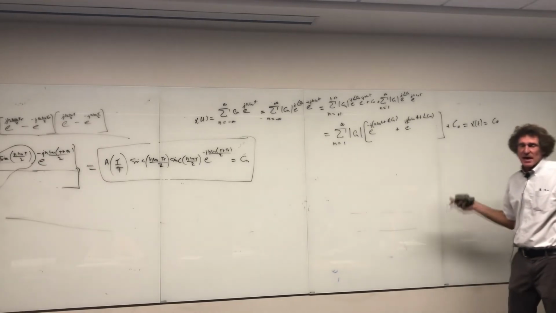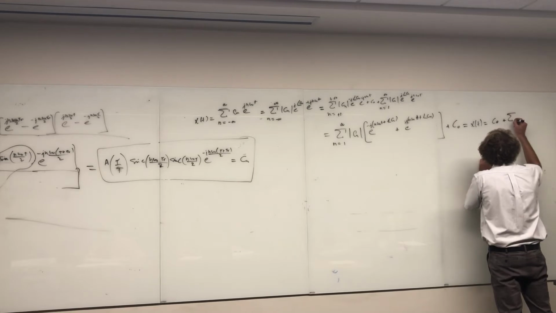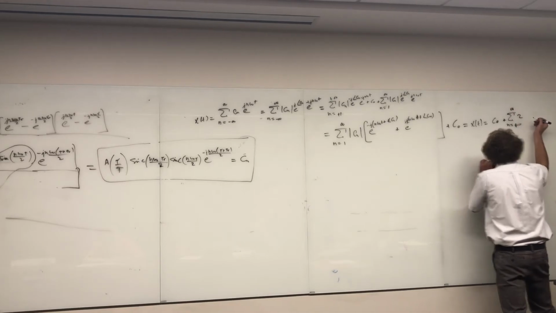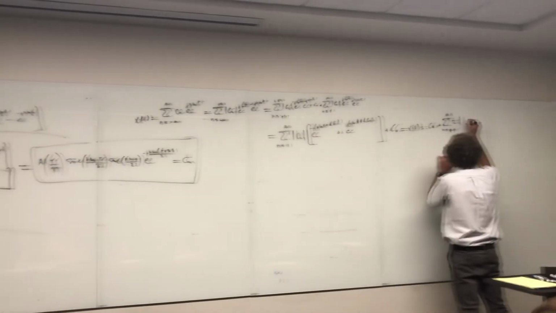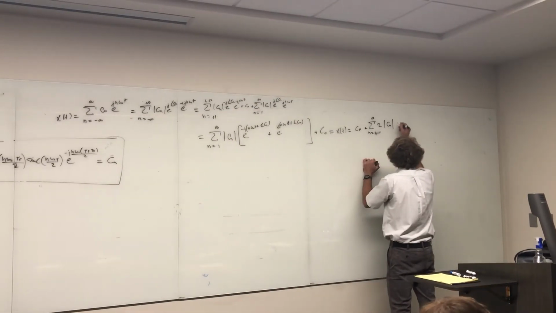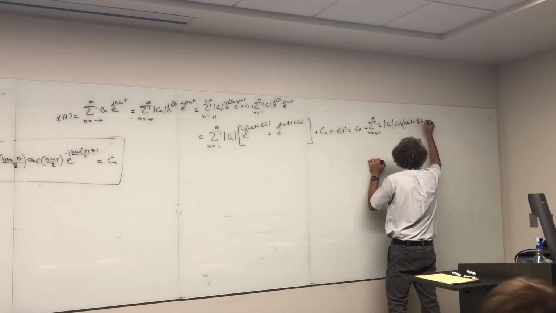C0 is just the average; I call it the DC value. Plus now a summation from n equals 1 to infinity of 2 times the magnitude of C of n, times cosine of n omega naught t plus the phase angle of C of n.